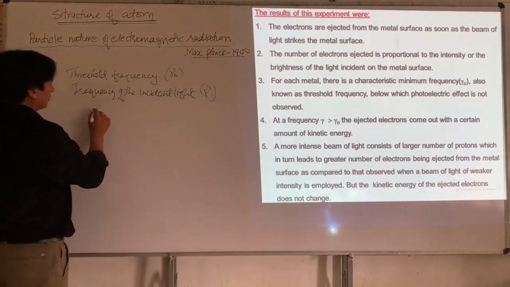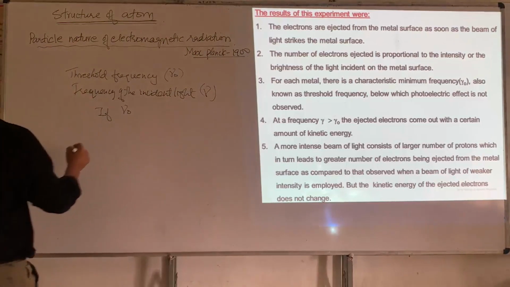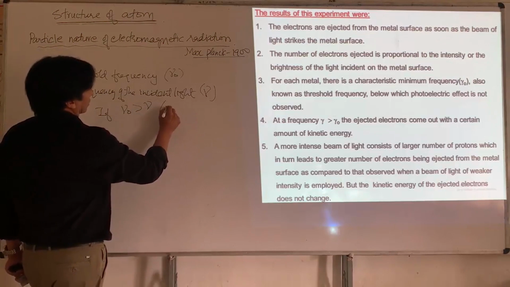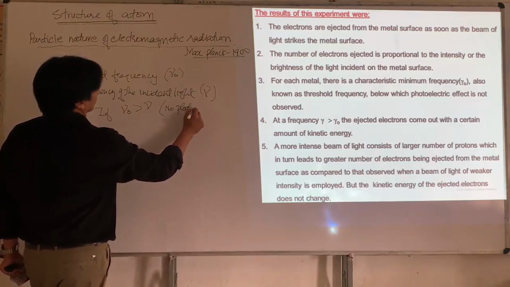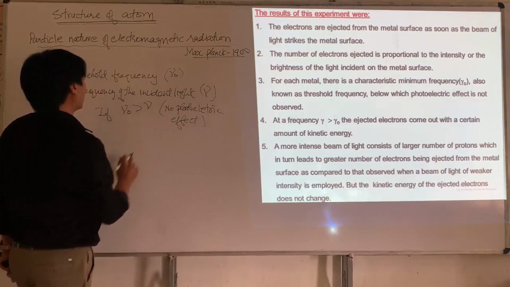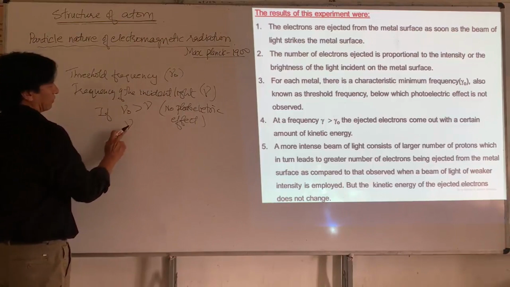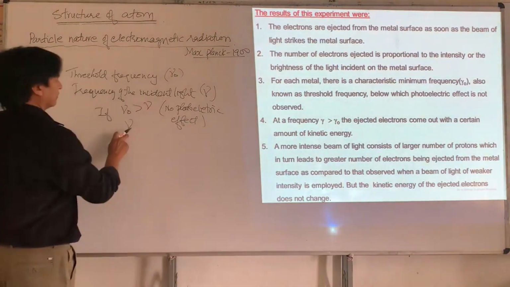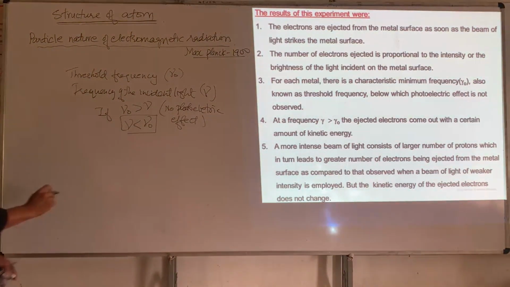And now, if nu naught is greater than nu, then no photoelectric effect will be seen. Or this is the same as saying, if the frequency of the radiation or light falling on the metal surface is less than the minimum frequency, no photoelectric effect.